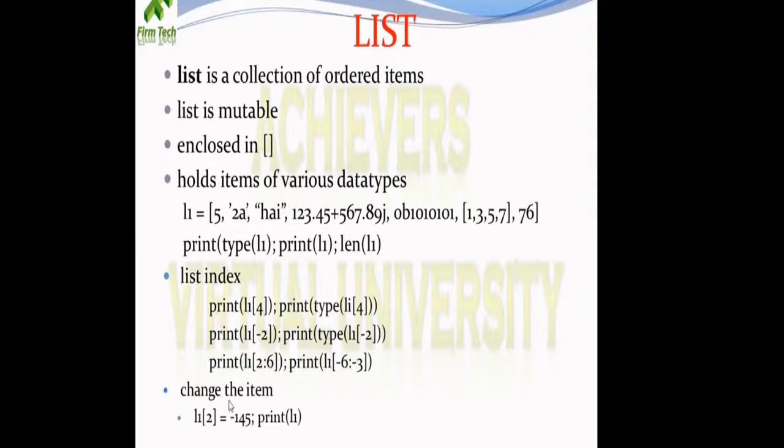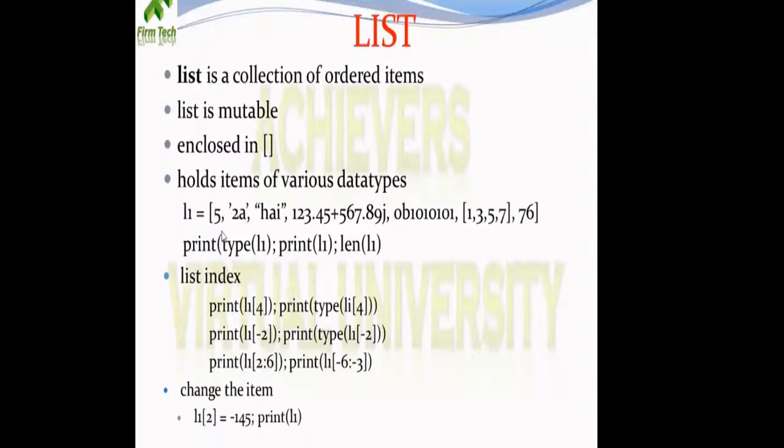We can change an item in the list by using the index number. We have said that list is mutable, that is, changeable. So it is possible to change an item in the list. So L1 at index number 2 is equal to -145.